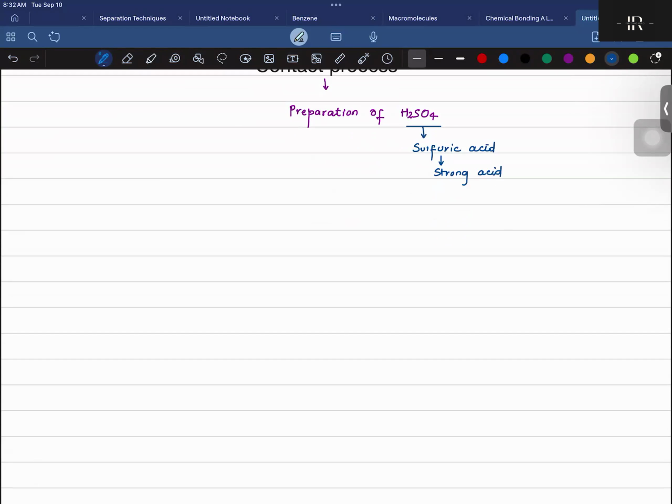So remember, first of all, we have a container just like that.